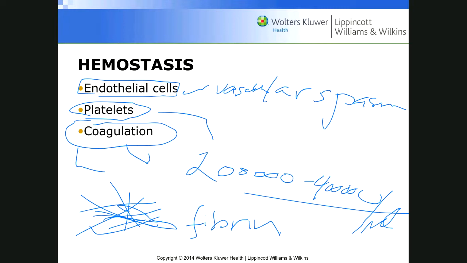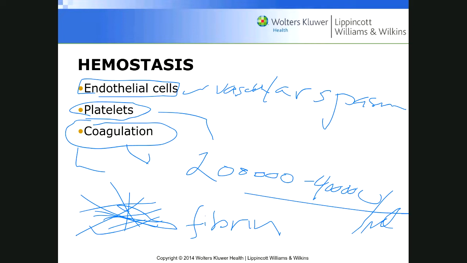Right? So the whole idea here is this: you only want to make a clot when you need it. And when you have a nick in a blood vessel, that's when you want it. You don't want to make a clot when you don't need it. If you make a clot when you don't need it, it is known as a thrombus. And a thrombus is pathological, it's a disease.